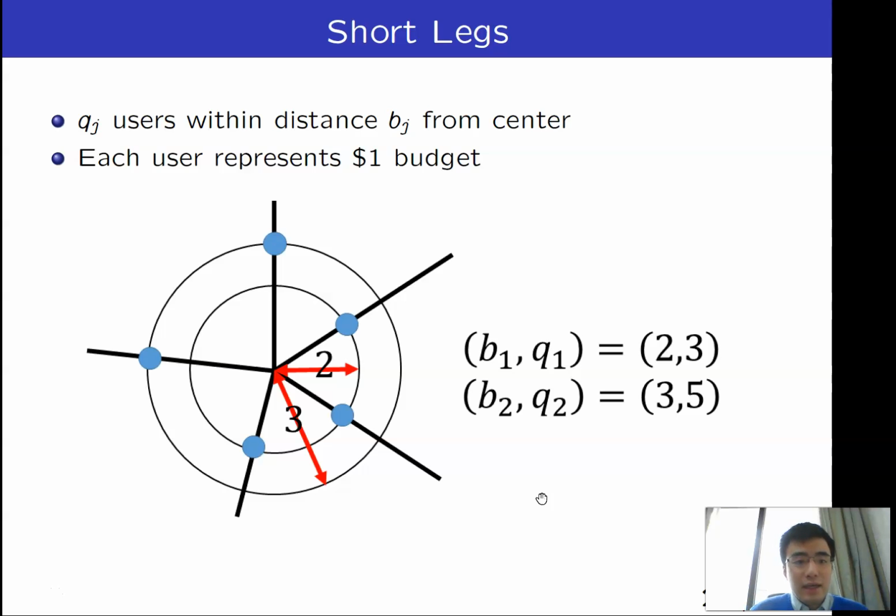Here is a short leg. We prepare q_j users within distance b_j from the center. Intuitively, each user represents $1 of budget on the day equals to the distance from the center.